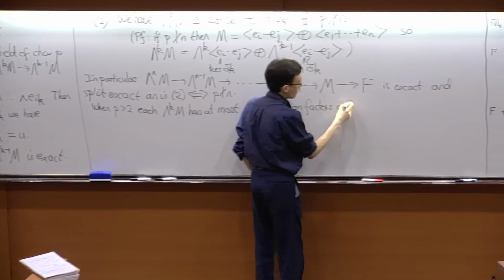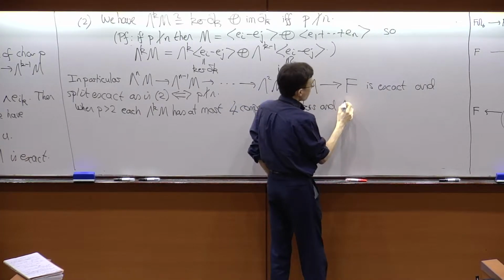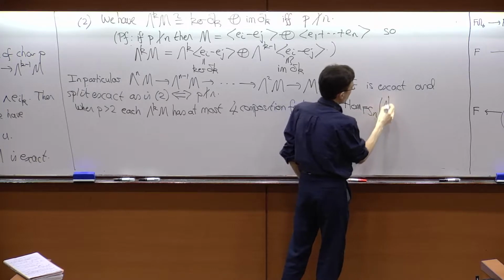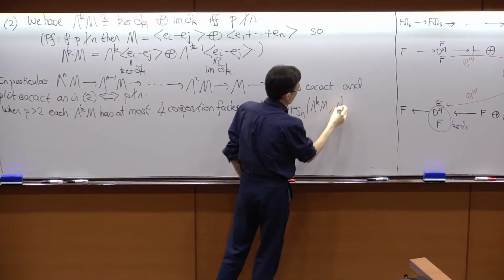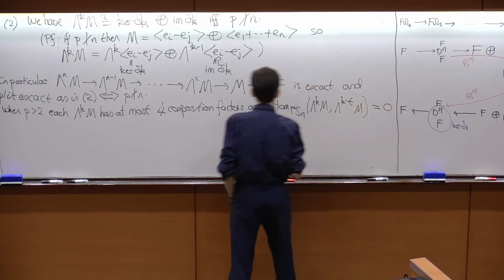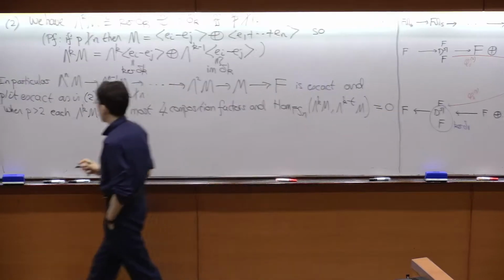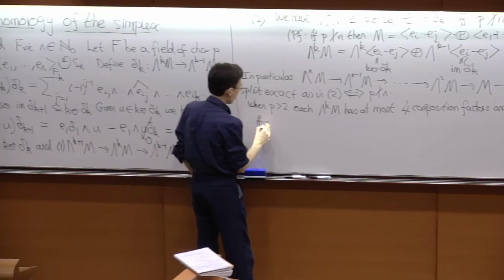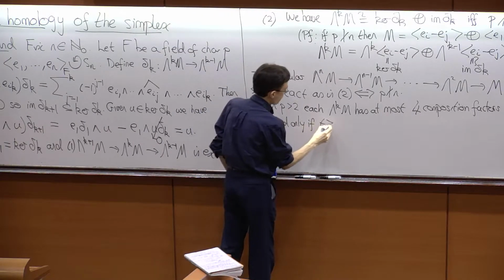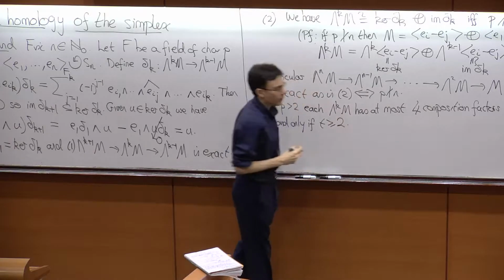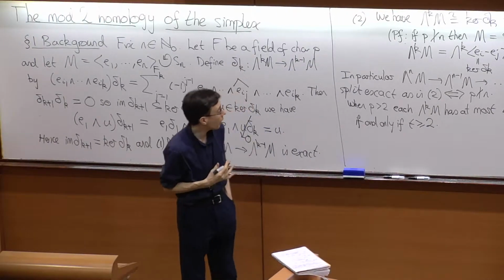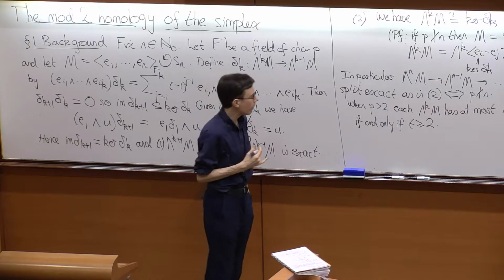And in particular, the homomorphism space between any wedge Km and, say, wedge K minus Tm is always 0. Well, it's 0 if and only if, to be very precise, T is at least 2. So you can't get any interesting maps by going down more than 2 degrees.